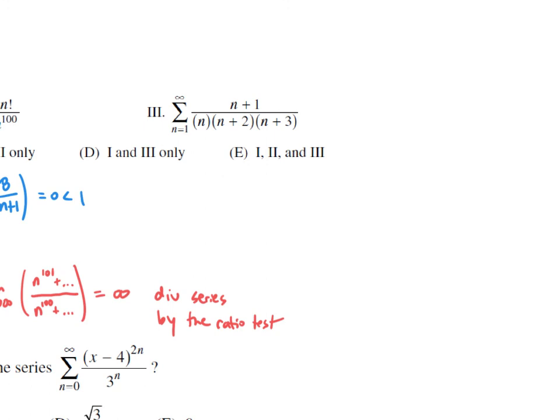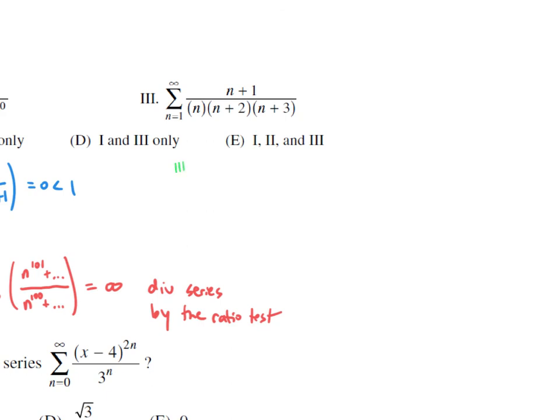And so what I'm looking for actually with this third one is the limit comparison test. One of the things that alerts me to the limit comparison test is that this is a rational function. It's a polynomial divided by a polynomial, and it's sort of a textbook limit comparison test. So what we're going to do is take the original n plus 1 divided by n times n plus 2 times n plus 3.